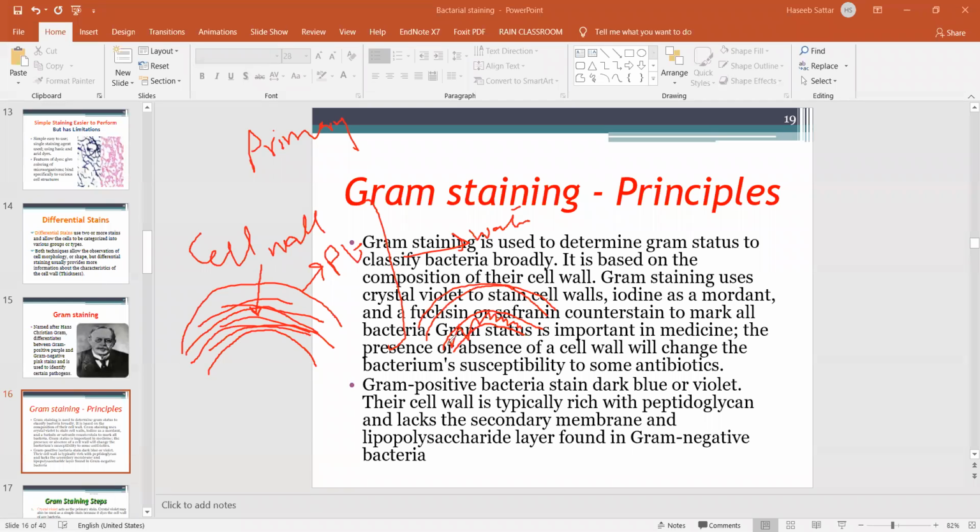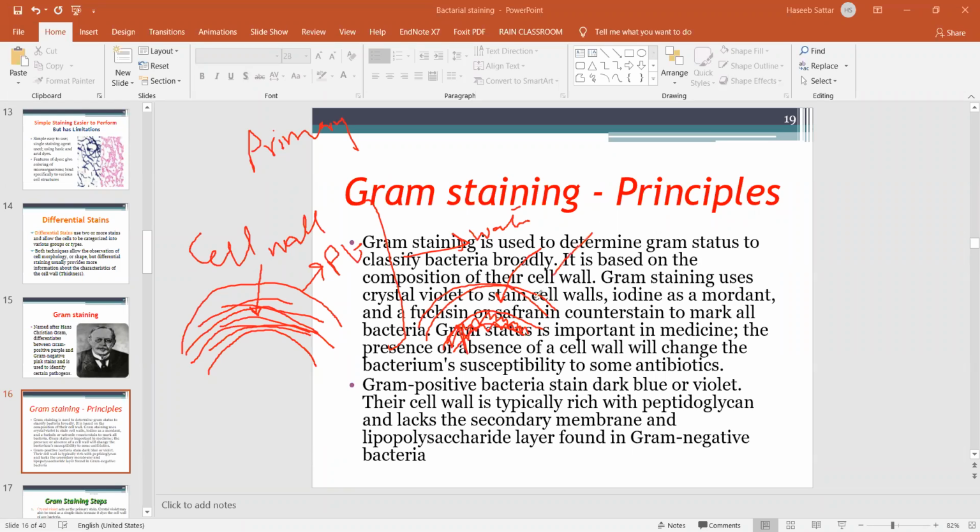While in gram-negative bacteria, the cell wall is a single thin layer. When we add the primary dye, it attaches to the peptidoglycan unit, so at first the cell wall becomes colored.